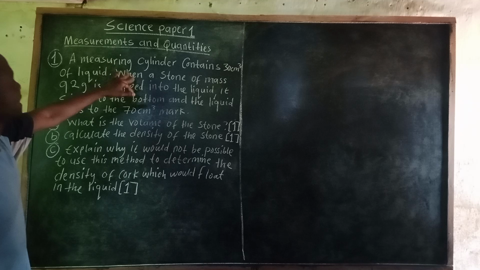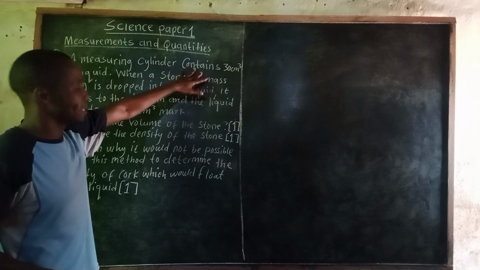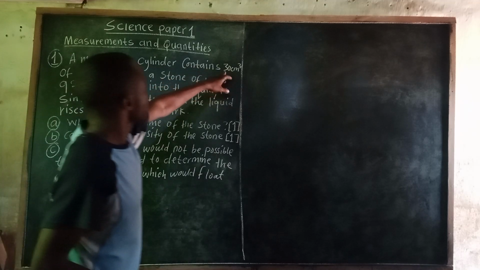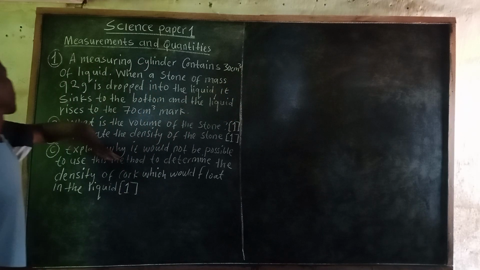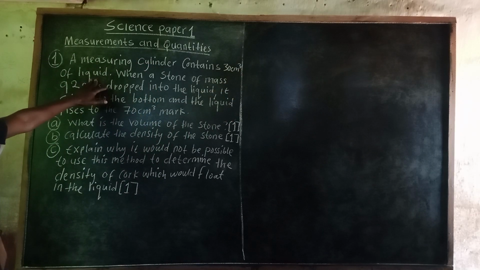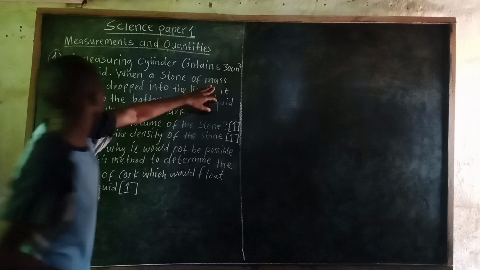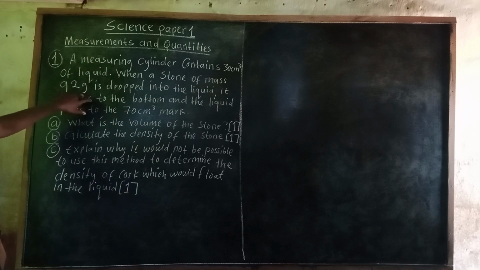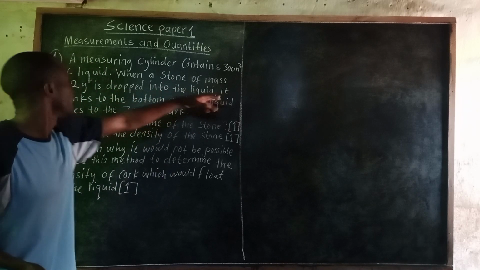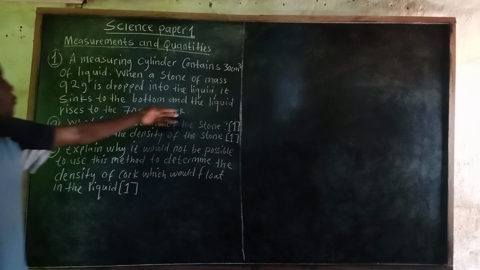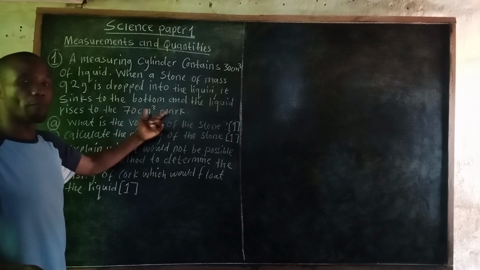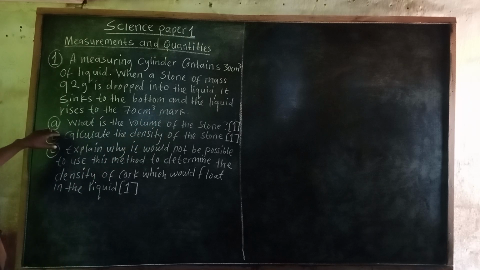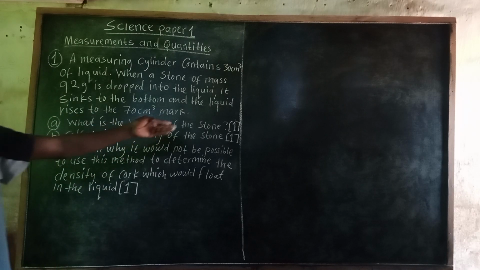A measuring cylinder contains 30 centimeters cube of liquid. When a stone of mass 92 grams is dropped into the liquid, it sinks to the bottom and the liquid rises to the 70 centimeters cube mark. Question number 1. What is the volume of the stone?